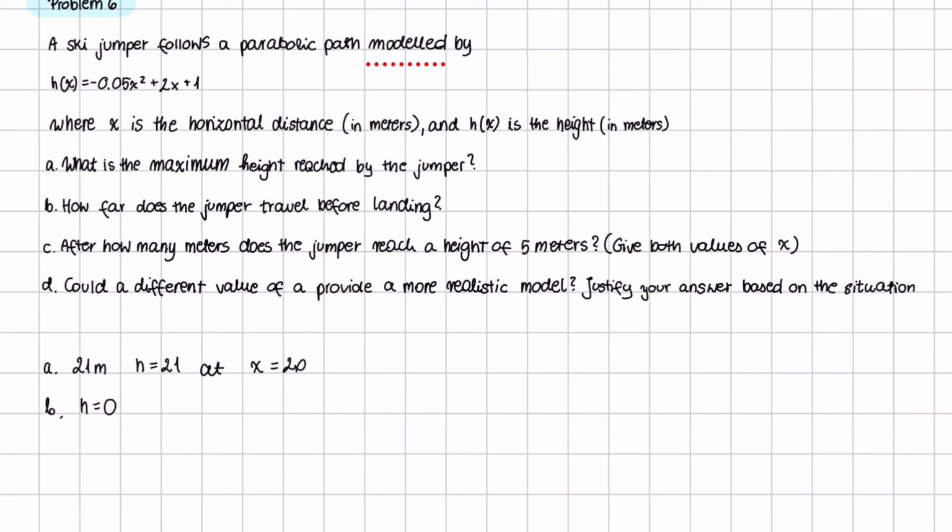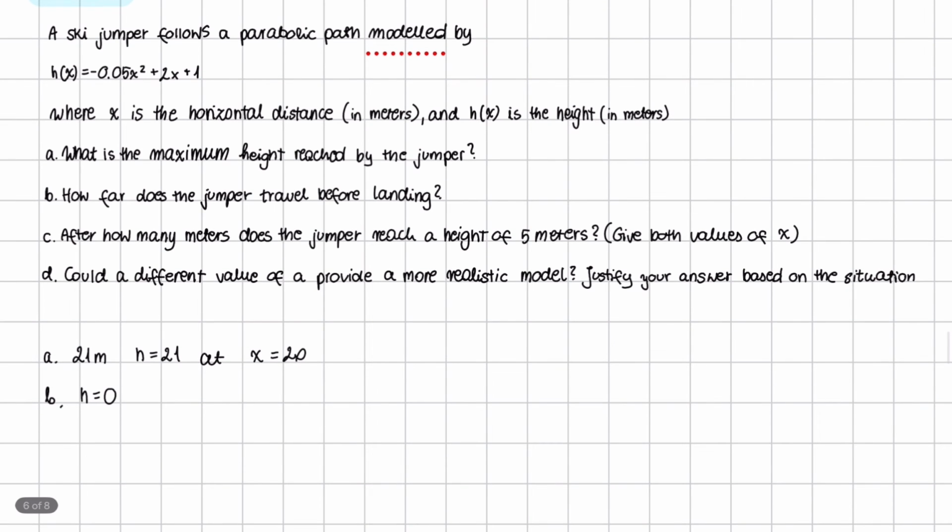We can substitute h as 0 into our function, or we can simply look at our graph and look for the root, and when you have your answer, our x is 40.5 to 3 significant figures, and units, meters.